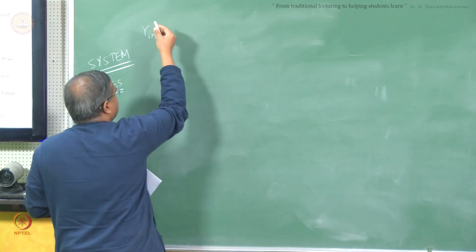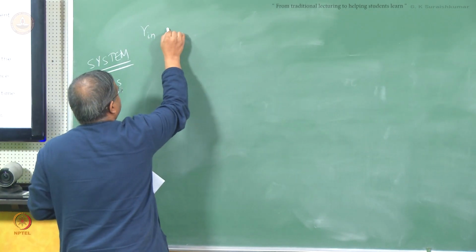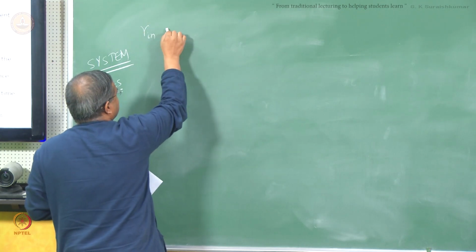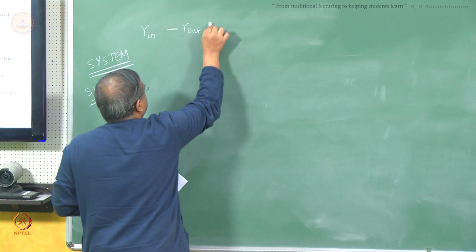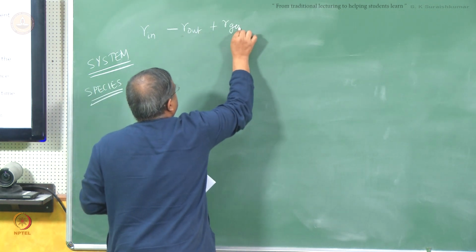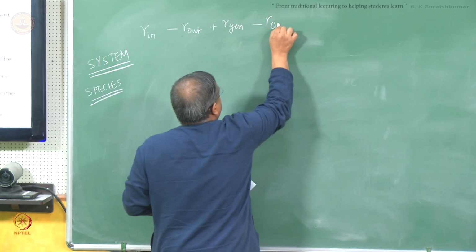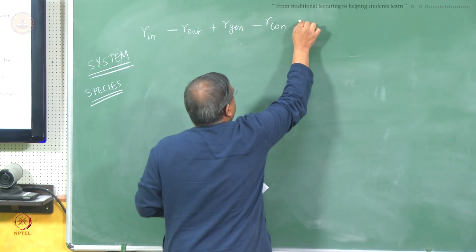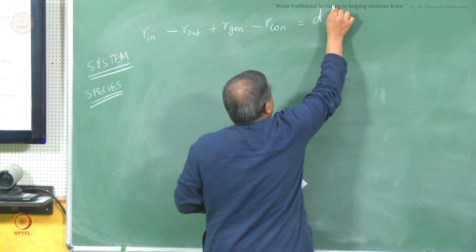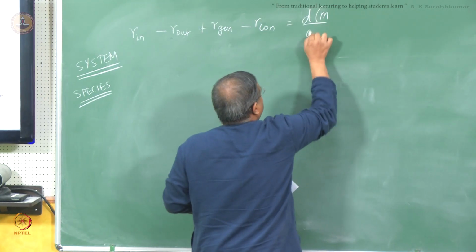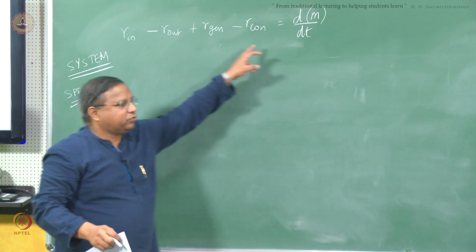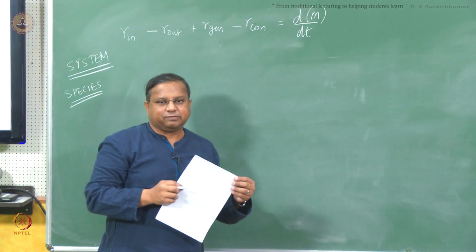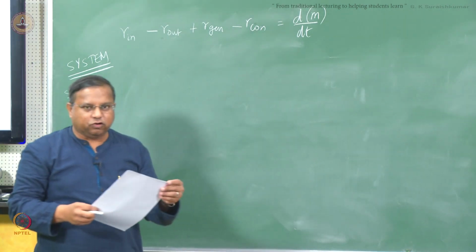So, coming back to the balance equation: the rate of input of a particular species minus the rate of output plus the rate of generation minus the rate of consumption equals the accumulation rate of that particular substance. This is material balance, and therefore the units of each one of them is mass per time. This you all know.